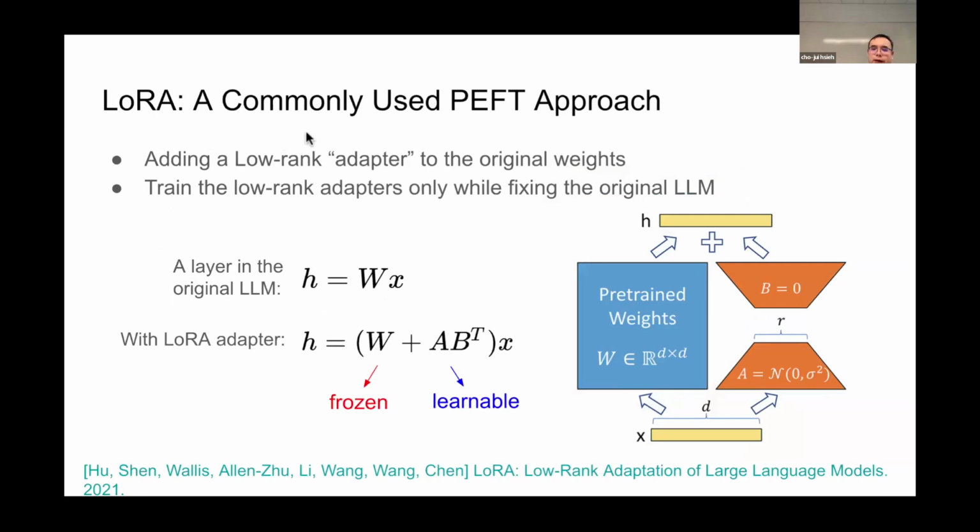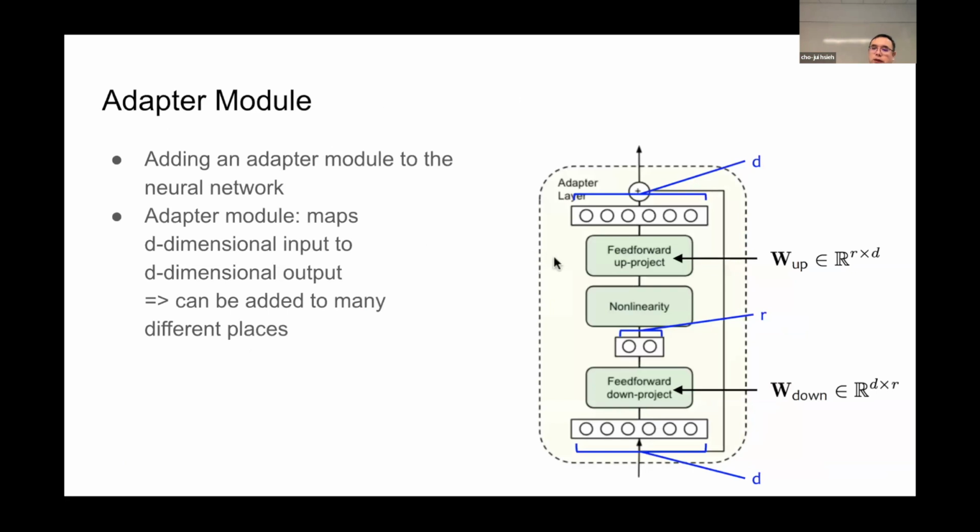LoRA has become, I think, the most widely used PEFT algorithm. The idea is similar to this adapter, but the difference is I don't introduce nonlinearity. I have a d dimension here, I just down-project it to R dimension and then up-project it back to D dimension.